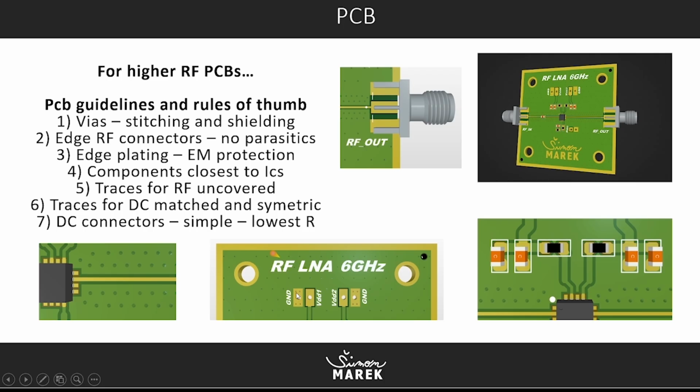You can either choose DC connectors with SMT technology, so it won't have any hole in it, or you can use a big chunk of plane for your pad and then connect it with through hole technology. The good idea is to make them simple and with lowest resistance.